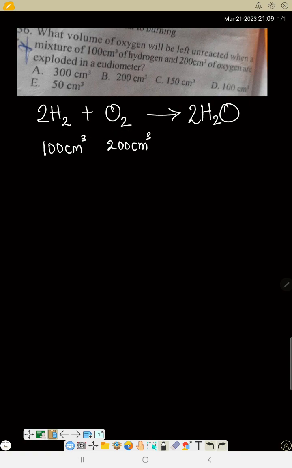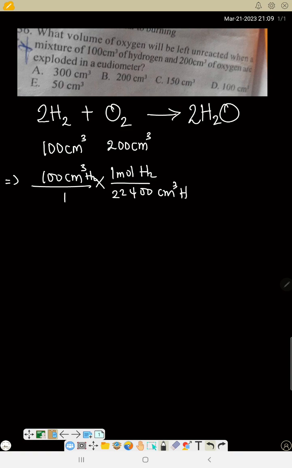So we use their mole to know what we will get. Remember, this will be 100 cm³ divided by 1. So watch my video on the method I'm using. So now 1 mole of anything, so that is 1 mole of hydrogen, H2. So 1 mole of hydrogen will contain 22400 cm³ of hydrogen.